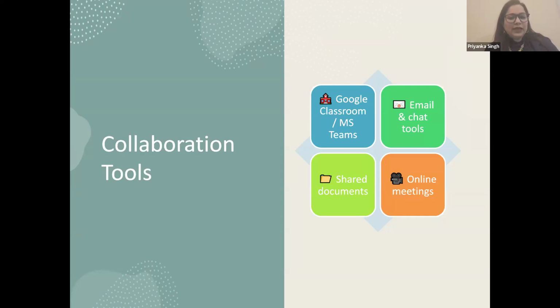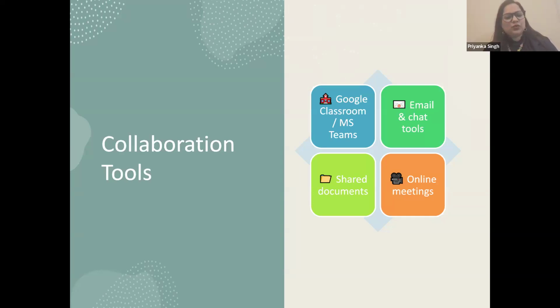You can have email and chat tools wherein you can send emails to each other, and you can either broadcast it or have a one-to-one conversation. Shared documents. Gone are those days when we were just storing everything in our pen drive or in our local drives.